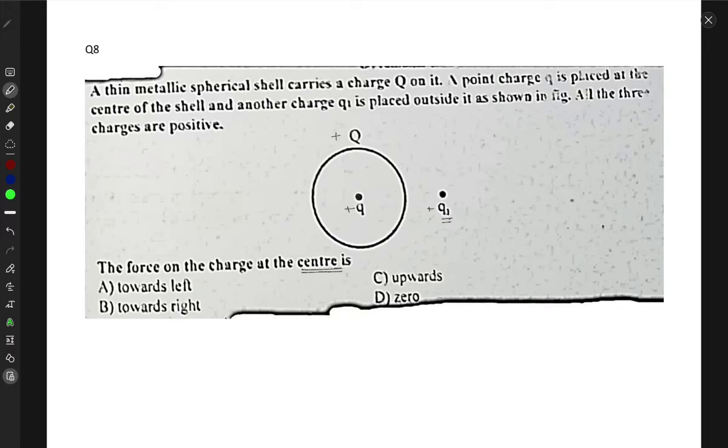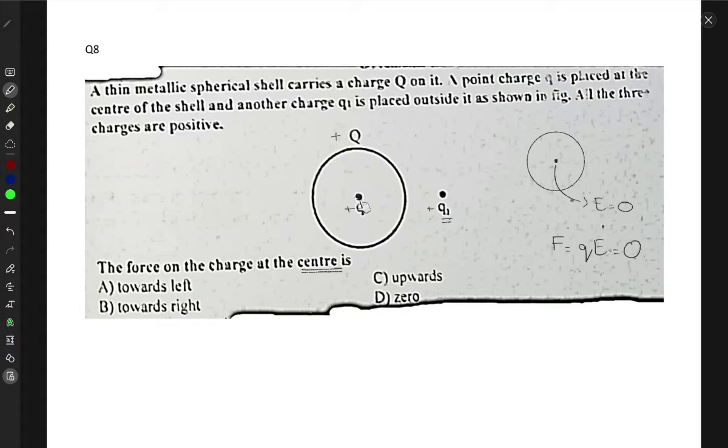What force will the charge that is placed exactly at the center of the sphere experience? So what do we know about spheres? We know that at the center of any metallic sphere, the electric field vanishes, right? So the electric field would be 0 at the center. And if the electric field is 0, then the force, which is just Q times the electric field, would also vanish.